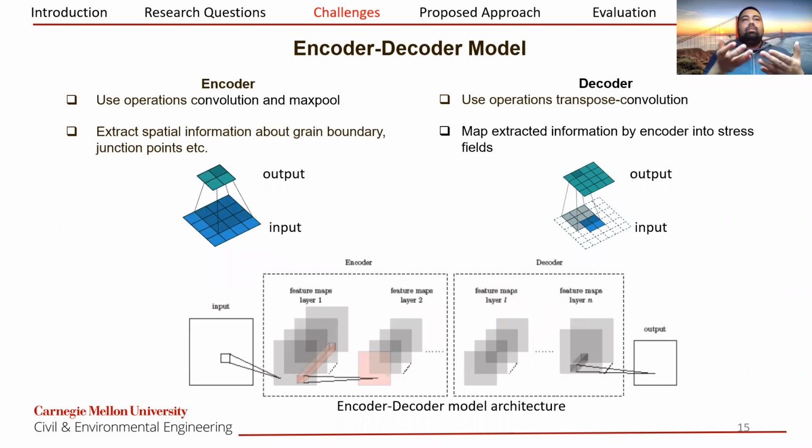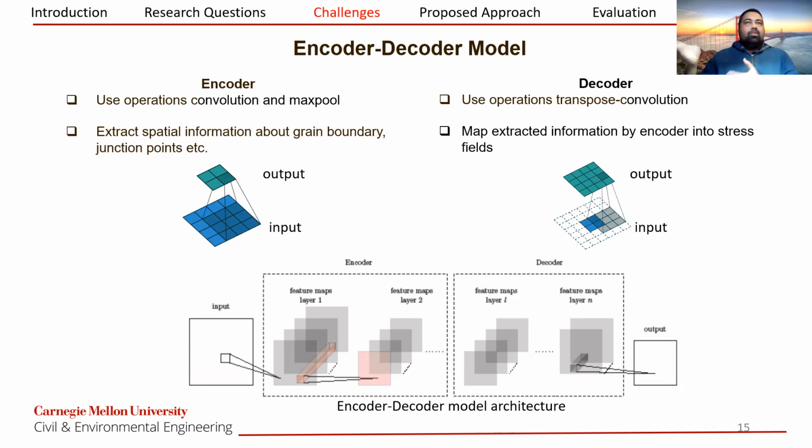It has some basic components, and as the name suggests, it has an encoder and a decoder. What we expect from the encoder is to capture the features of the microstructure using filters such as convolution and max pool, and then map it into compressed information.